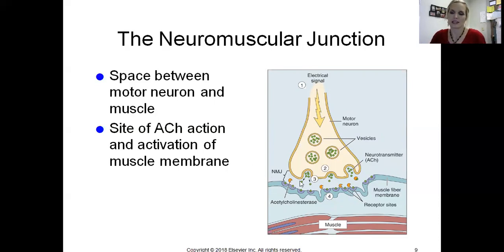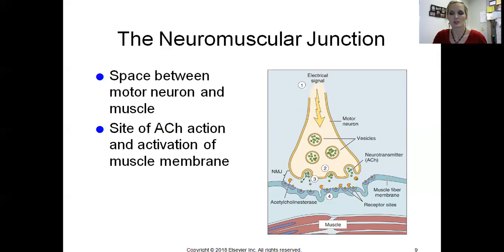At this space, what happens is, like I said, we'll see this next week, but when a message is sent from one nerve to another, or in this case from the nerve to the muscle, it's passed on through what are called neurotransmitters, which is simply a chemical that allows that process to take place.